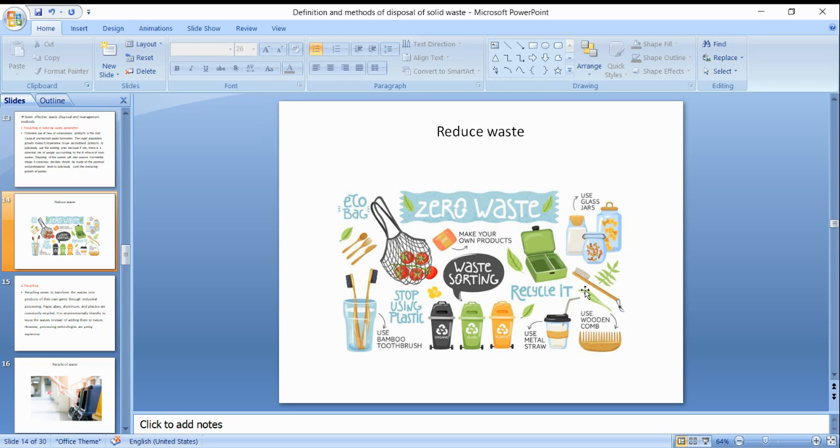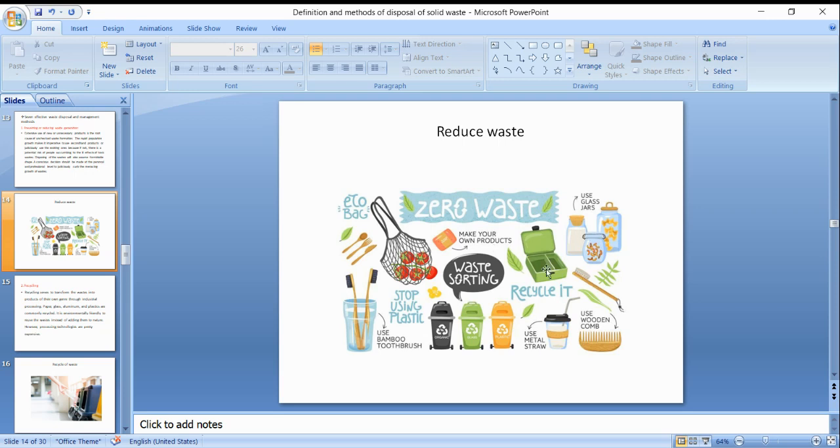We can also use metals, a wooden comb, and glass jars, and already used glass can be reused like this.